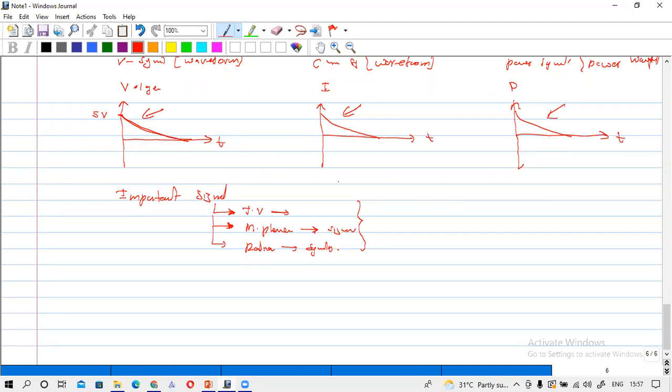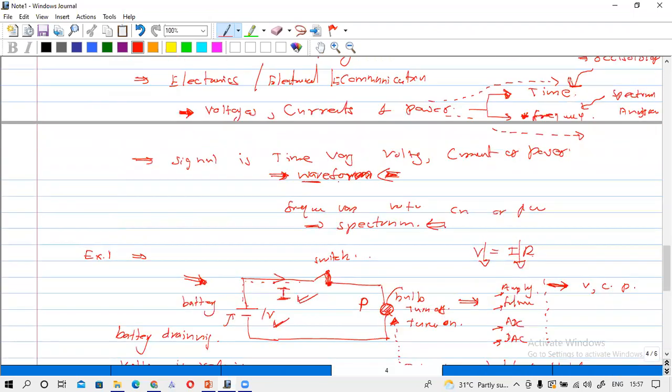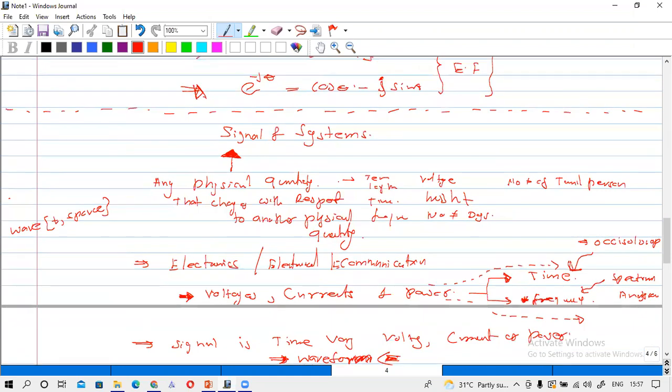Still we are not talking about systems. Now we are talking about signals. Actually, we are mainly focusing on signals, not the systems. Later we will see what a system is and what types of systems there are, and we will discuss these things.